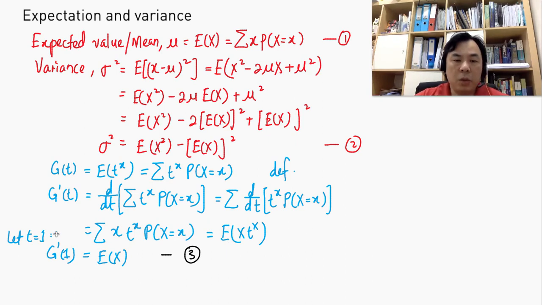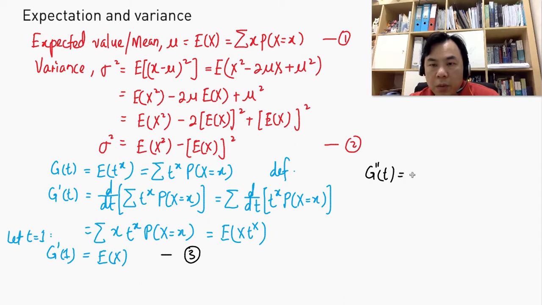Now next, I'm going to show you the next relationship. So the next relationship requires the second derivative. So here, this is the first derivative. Now I'm going to perform the second derivative with respect to t. So if I were to differentiate this one more time with respect to t, I would be able to obtain, okay, I'm not going to write the formal notations anymore.